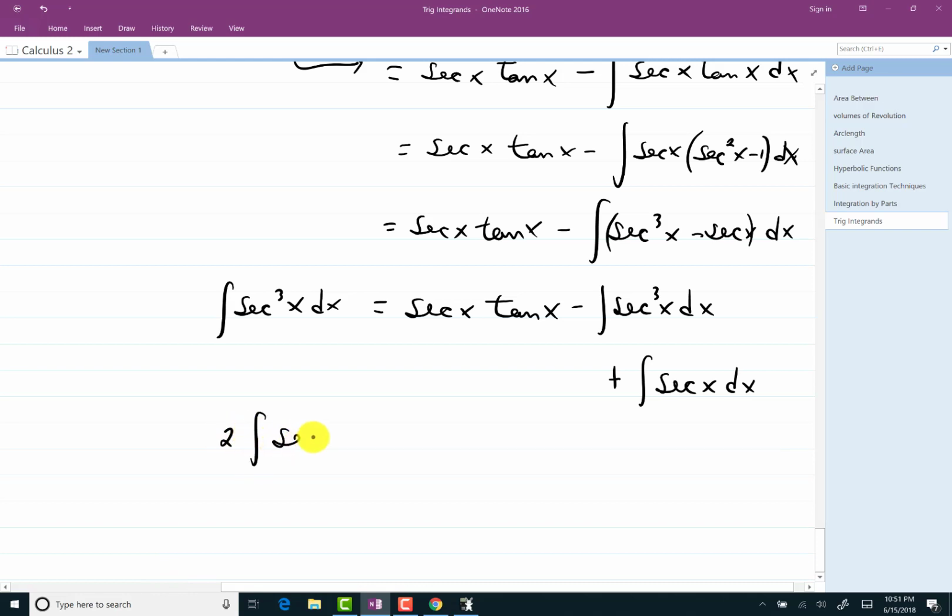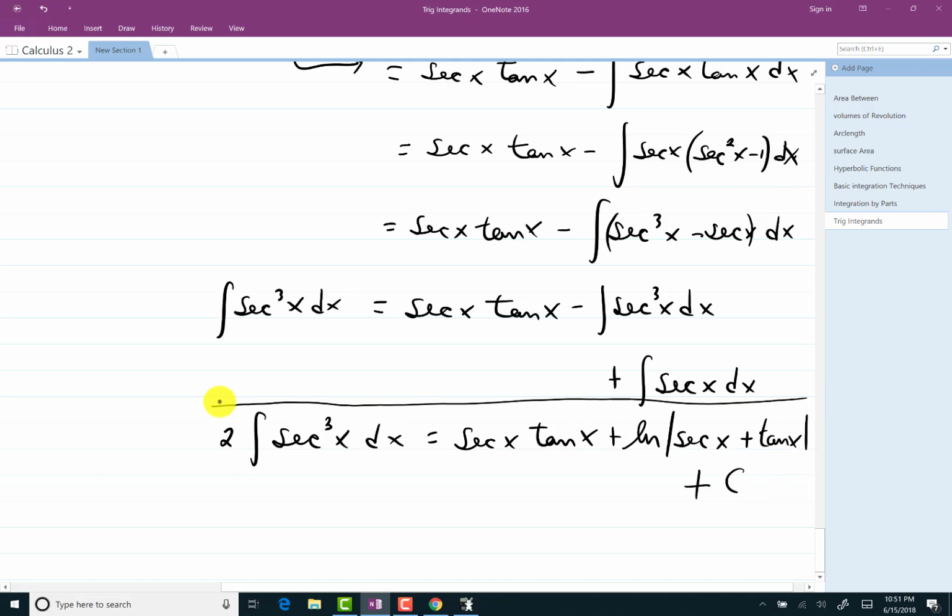So I get 2 times the integral of secant cubed of x dx equals, so I got my secant of x tangent of x. But then right here I have left over, you're supposed to have memorized the antiderivative for that. It's the natural logarithm of the absolute value of secant of x plus tangent of x. And then at the very bottom here, I'll put a plus c.